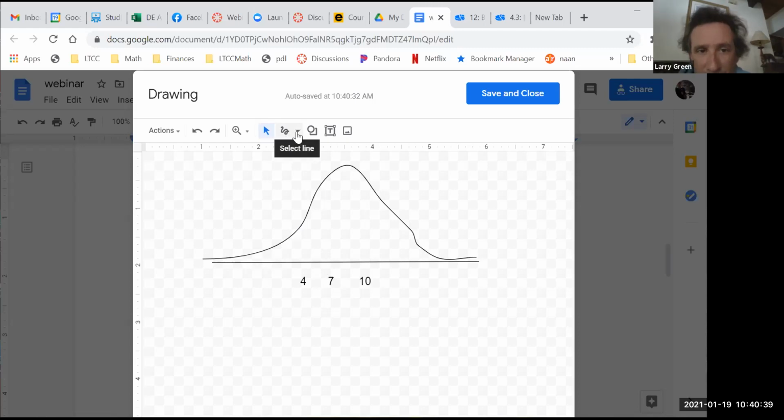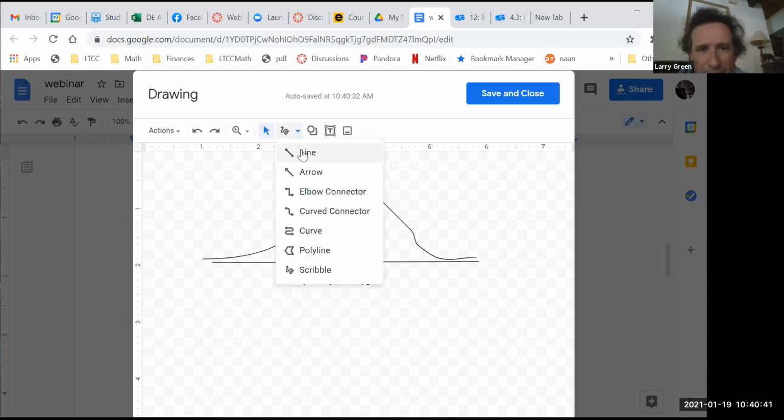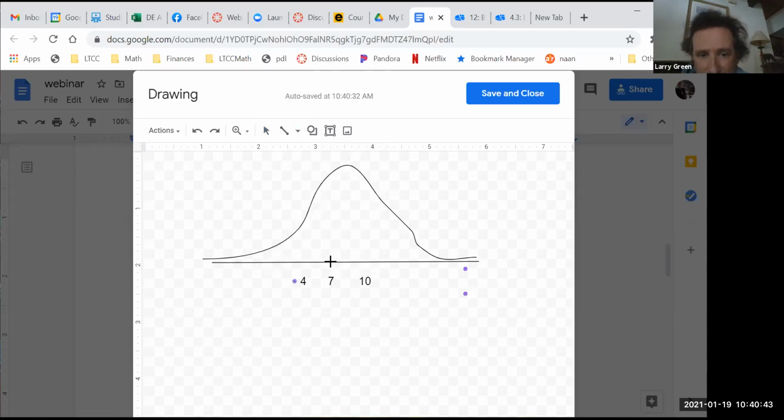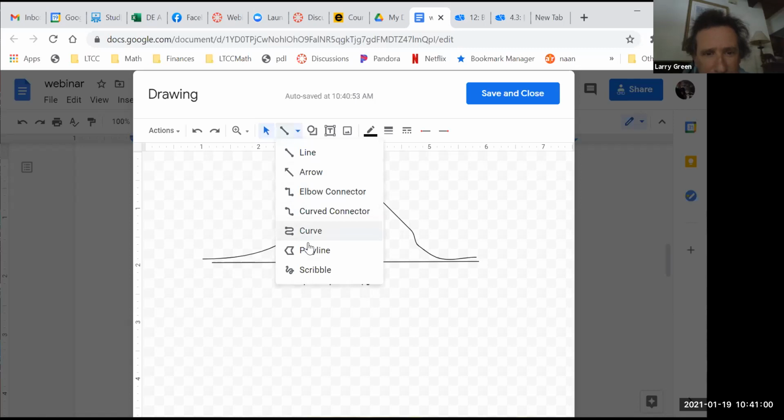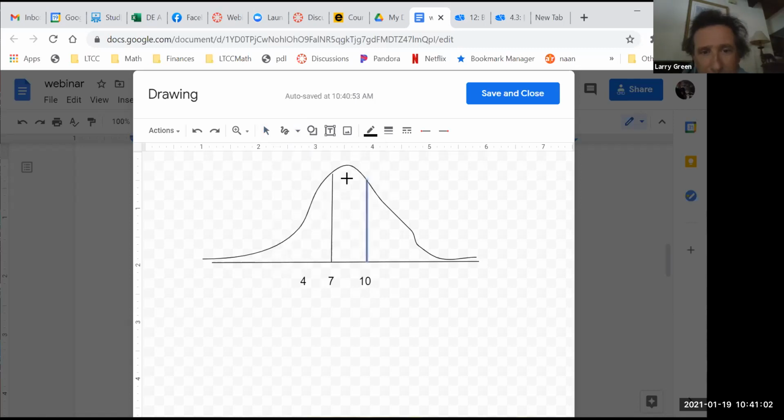Then you're going to draw a line up like that, and draw a line up like that, and fill in everything in between.